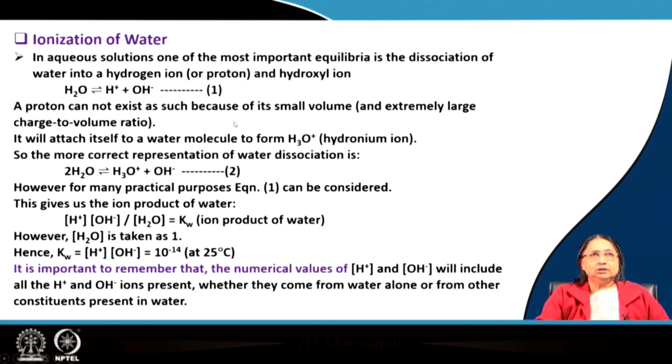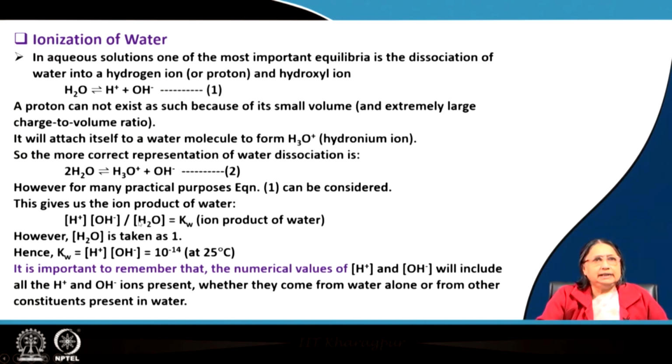So, it immediately reacts with another molecule of water to form the hydronium ion or hydroxonium ion. So, basically it is better to write this equation, but for simplicity we always use this water dissociation expression.